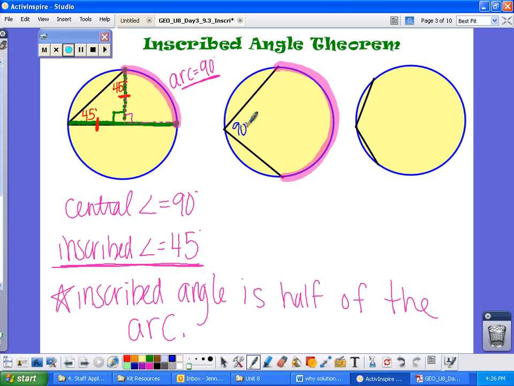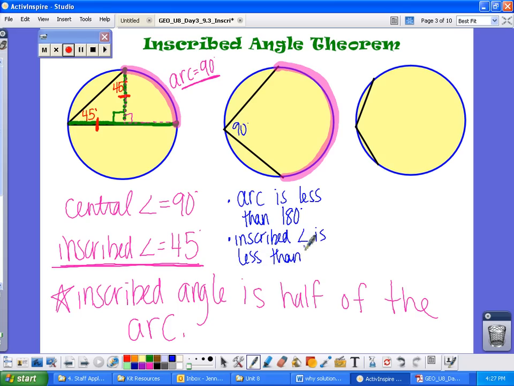Does that make sense? So if my arc is less than 180 degrees, okay, then my inscribed angle is less than what? What's half of 180? 90 degrees.